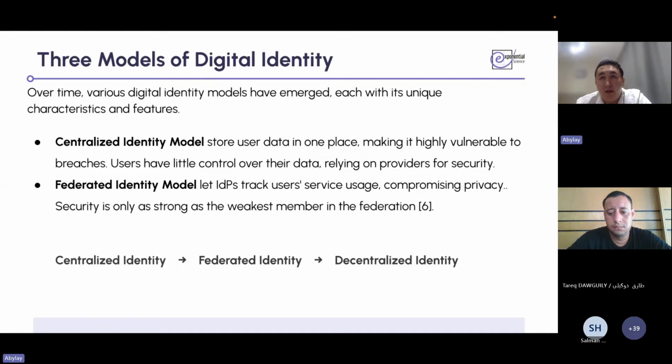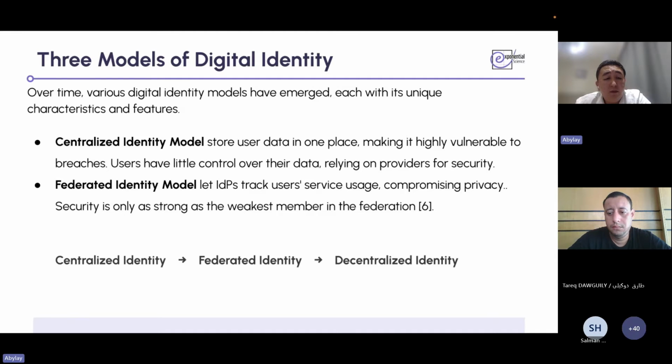You create an account with some website and it's stored in that website only. If it crashes, you lose everything. In the centralized model, users have little control over their data, so you rely on providers for security, privacy, and everything.